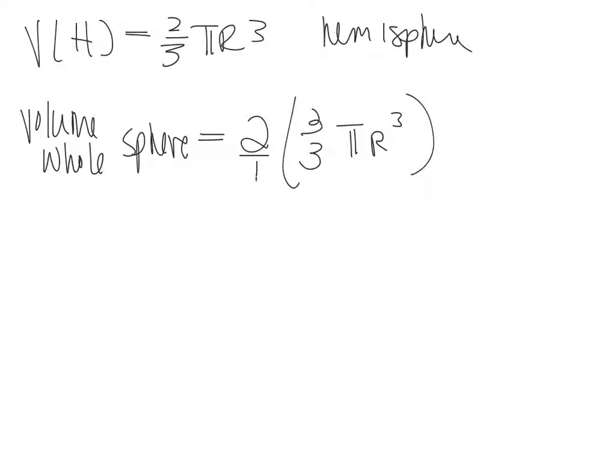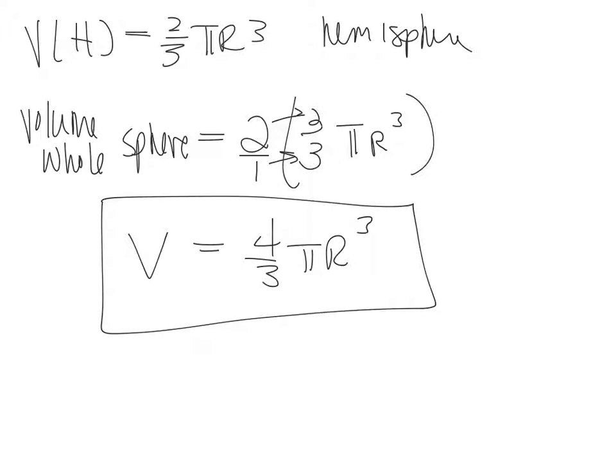Now when we multiply fractions, we multiply across the top and the bottom. So I have 4/3 pi r cubed is my volume for a sphere. That is my takeaway for today. We have succeeded. Let's use it in a few exercises.